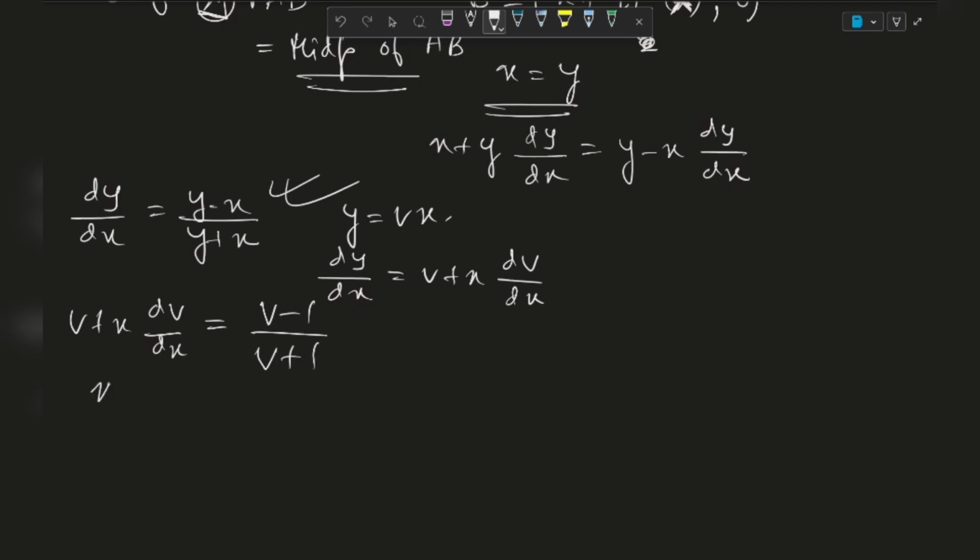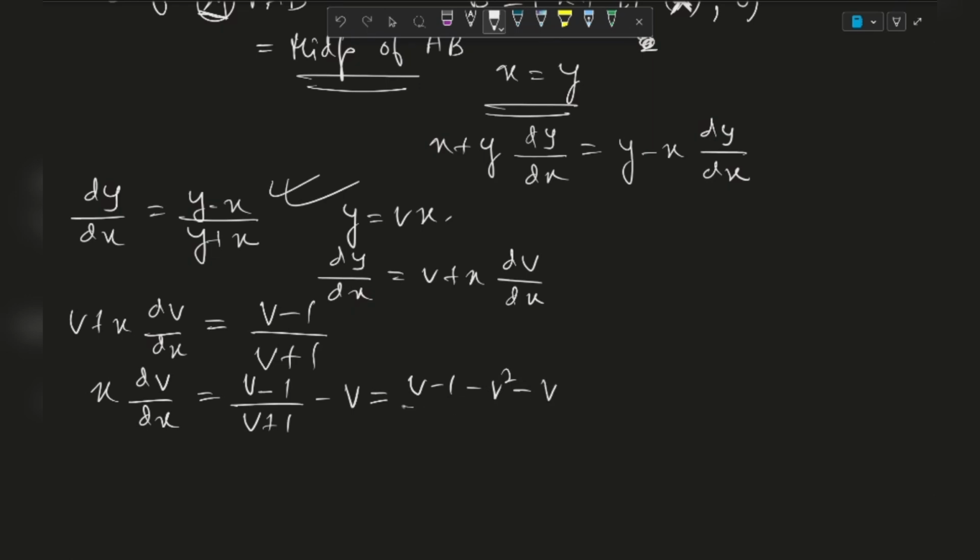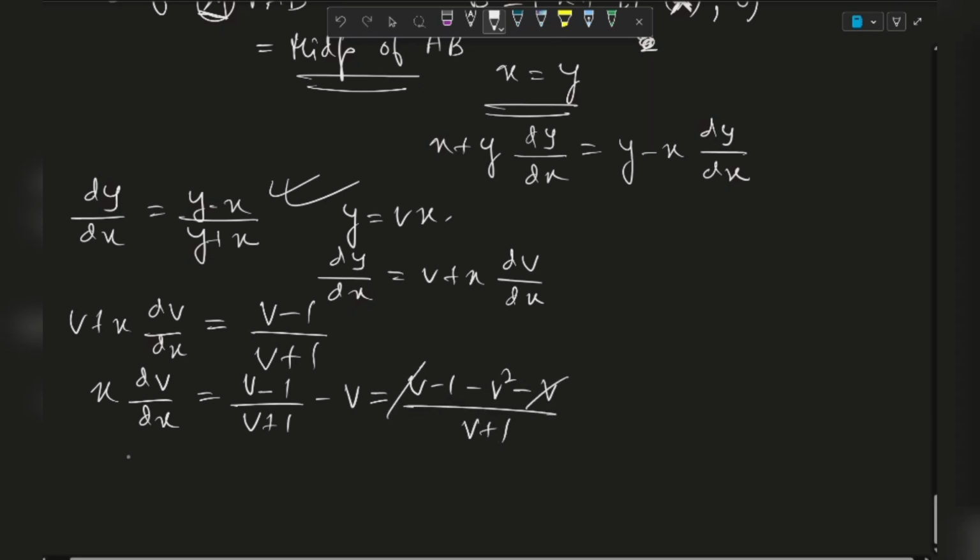Now x dv by dx will come out to be v minus 1 by v plus 1 minus v, which is basically v minus 1 minus v squared minus v divided by v plus 1. So v and minus v get cancelled.